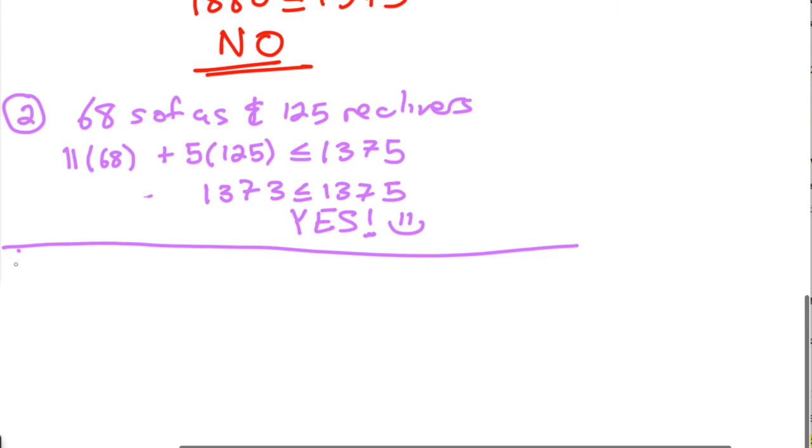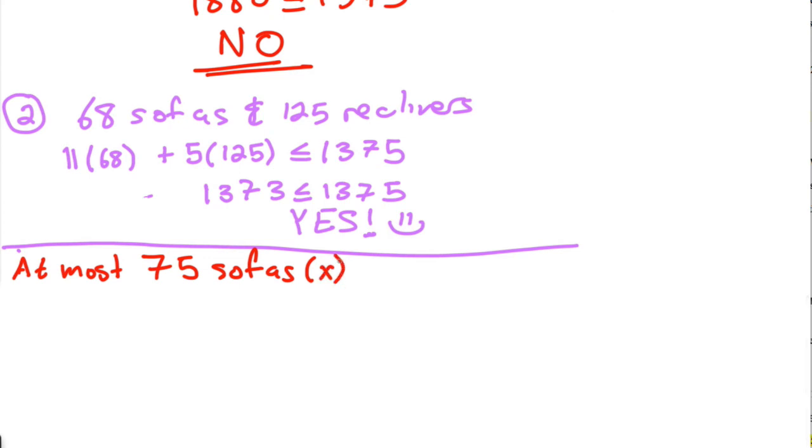The question is, we have that the Burbank Buy More store wants to make an order. And the order will include at most 75 sofas. Now remember, sofas are represented by X. And so we want to know, what's the maximum number of recliners that we could deliver in the same container?